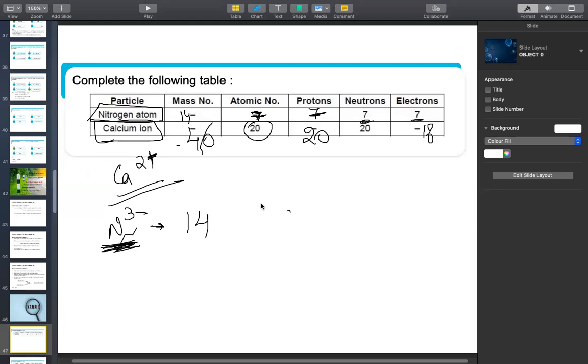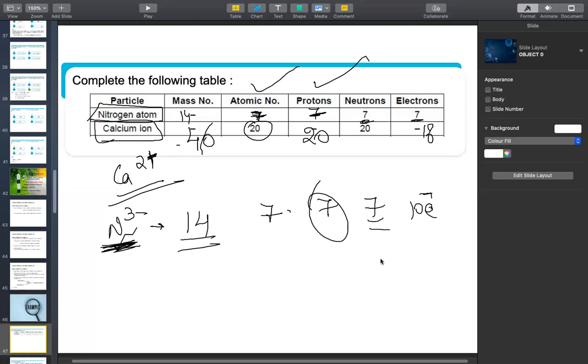Atomic number is the number of protons, 7. Atomic number and proton will always be the same. Neutron is 7 because protons are 7, mass is 14, neutron is 7. Electrons will be 10, 3 extra electrons than protons. Got it?